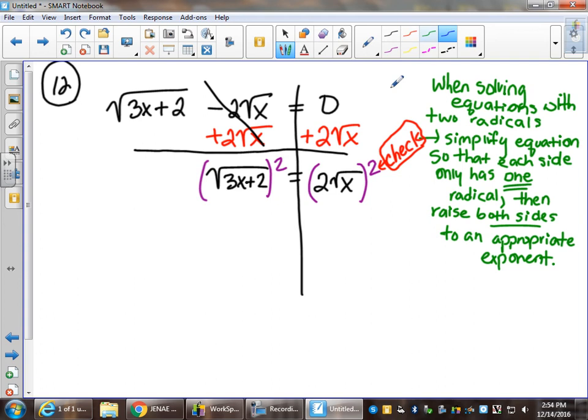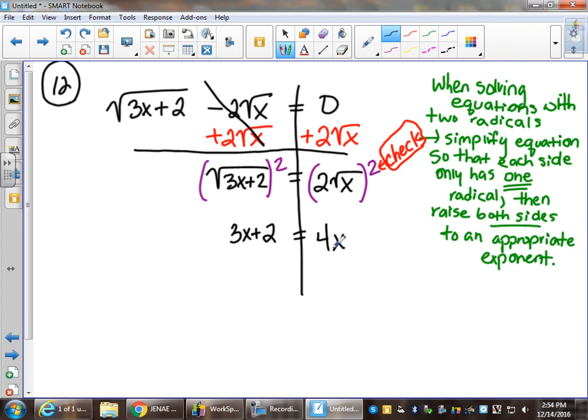So when I square this left side, that will result in 3x plus 2, because the square root sign and the square cancel. We send the power to both the 2 and the radical. So this will become 4x. Notice how nicely this has worked out to something that we can finish very quickly.